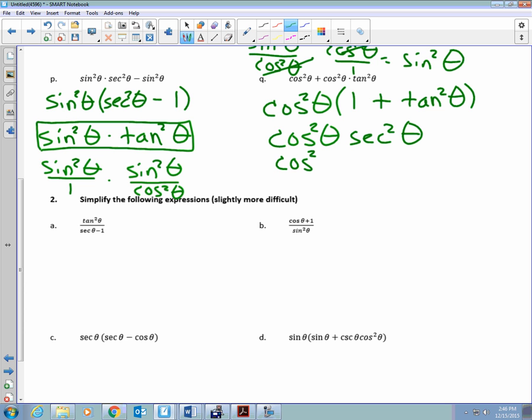Cosine squared over 1 times, how do you rewrite? 1 over cosine squared. And I get 1. Sometimes you get a nice number like that. Okay, so you see just a couple examples. Today we're going to practice with the substituting for squareds.